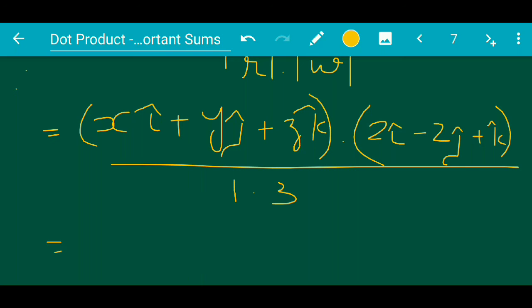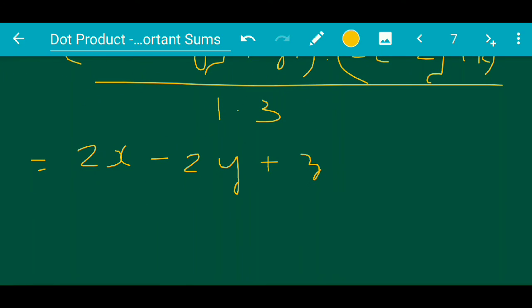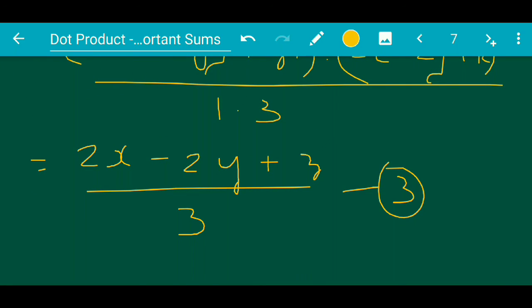So this comes out as (2x minus 2y plus z) upon 3. Again, this is the value for cos theta. So this is, say, 3. So the statements 1, 2 and 3, all 3 are for cos theta.